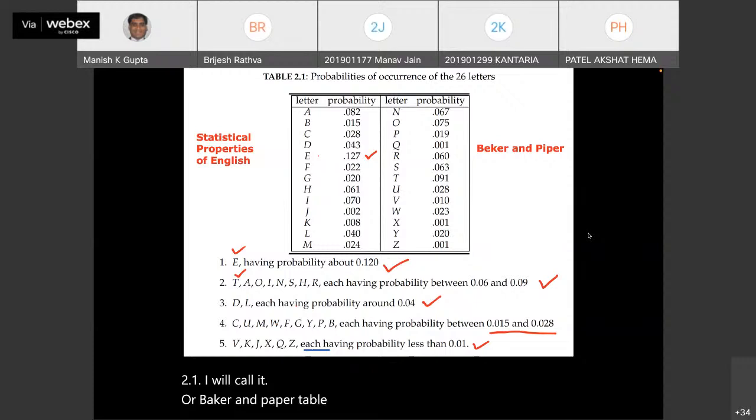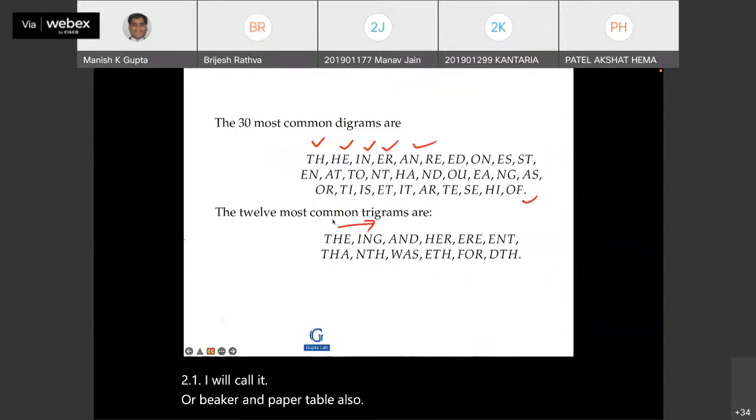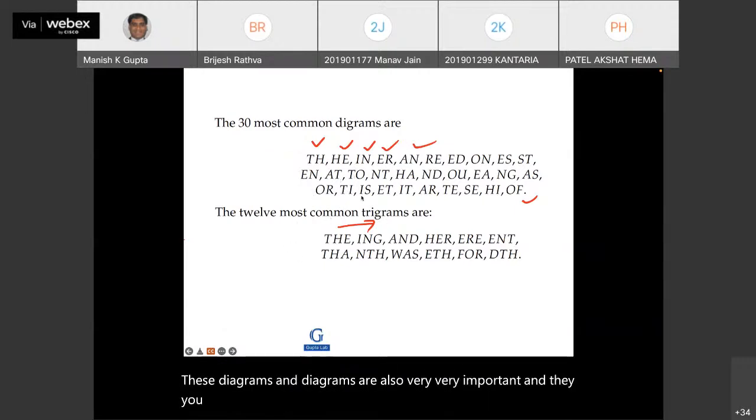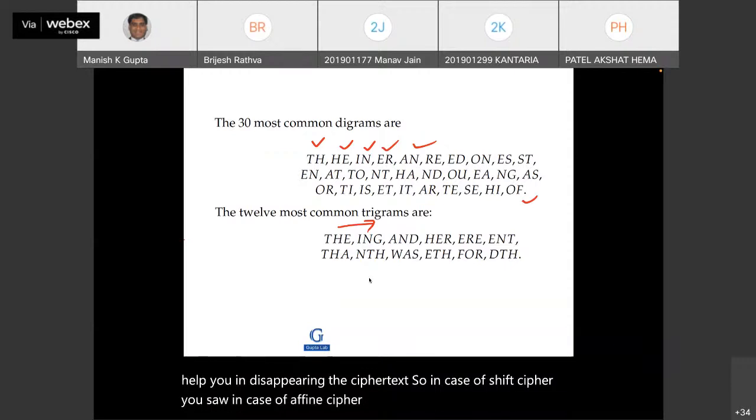Also, these digrams and trigrams are very, very important, and they help you in deciphering the ciphertext. In the case of shift cipher and affine cipher, you saw how to use the statistical properties of English, but digrams and trigrams are very useful for substitution cipher.